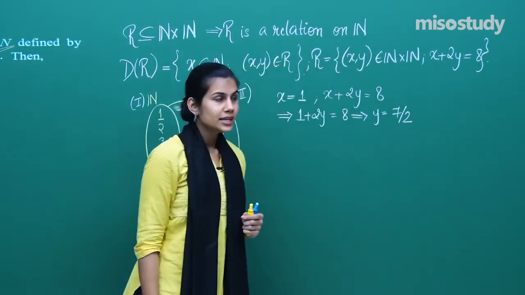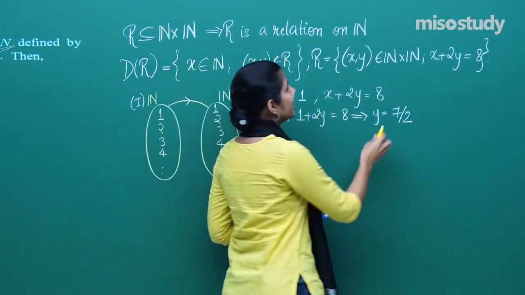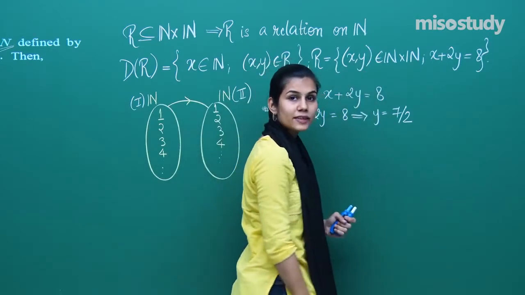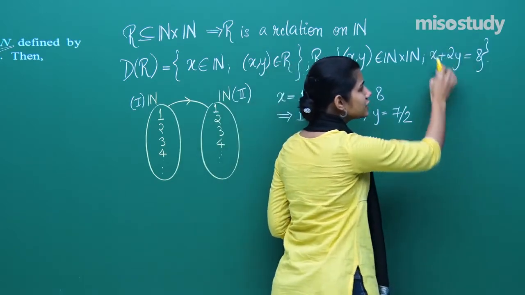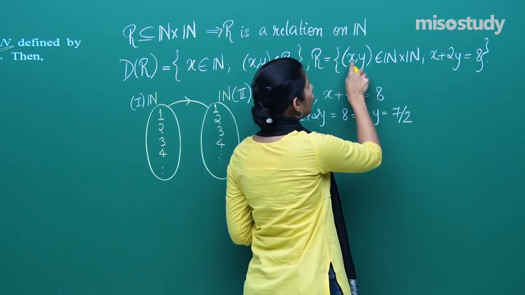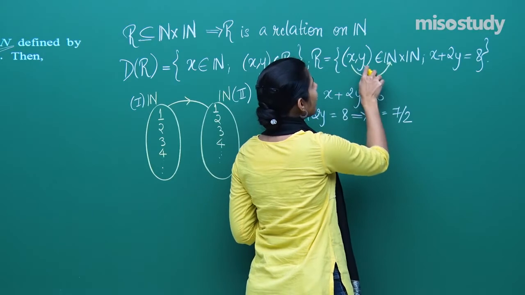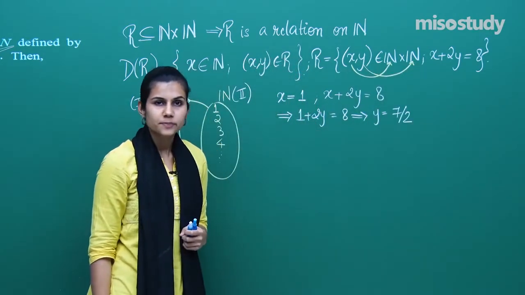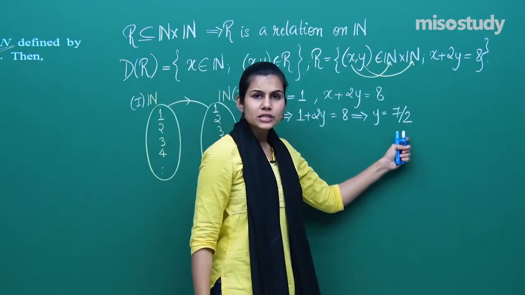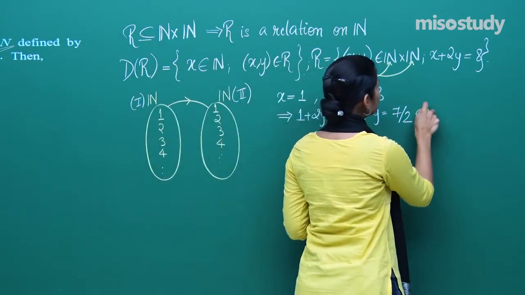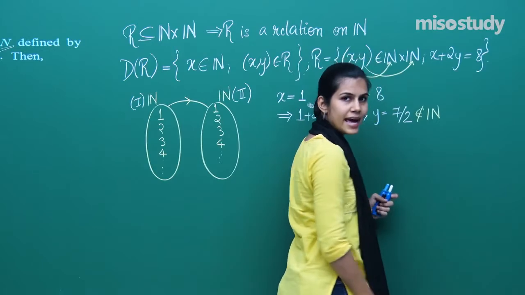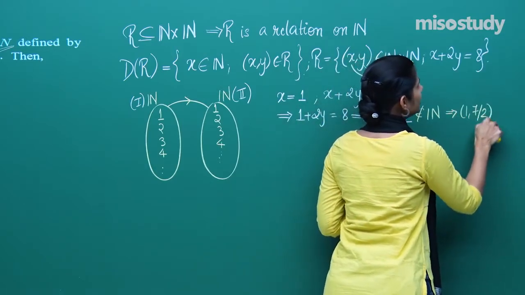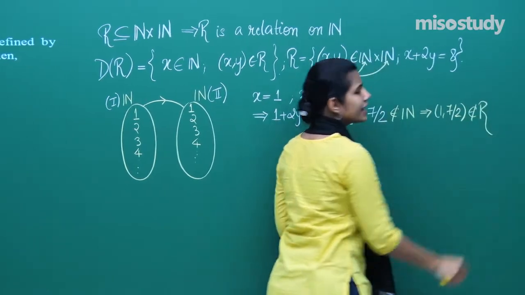The first thing is that I don't just want the two components x and y to satisfy the rule, but I also want the first component and the second component both to come from the set of naturals. Here 1 is related to 7 by 2, but 7 by 2 does not belong to N, which implies 1 comma 7 by 2 does not belong to the relation R.